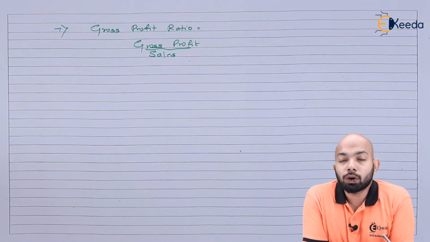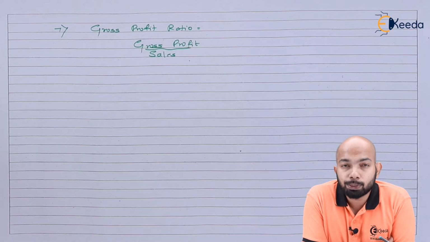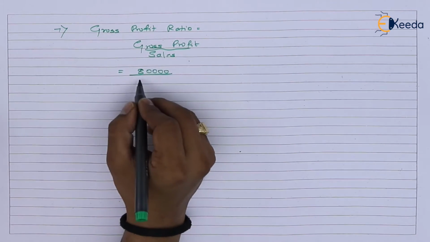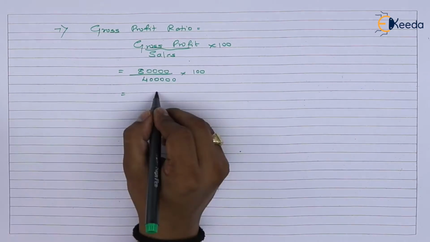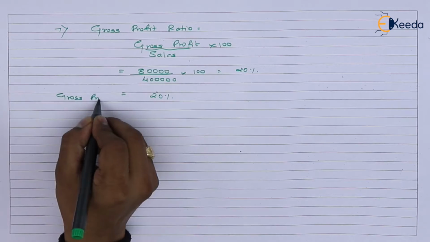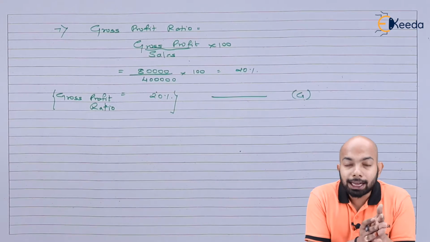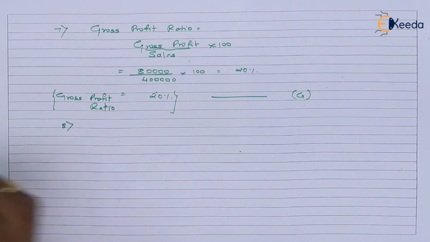Now the next ratio is gross profit ratio. The formula is gross profit upon sales. We already have the figures for gross profit and net profit, so we can easily use those values. So the gross profit has been also calculated as 20%. Let's figure out the net profit ratio now.